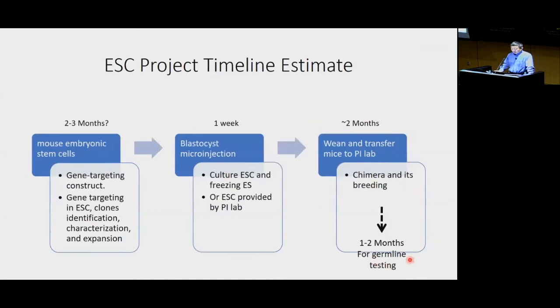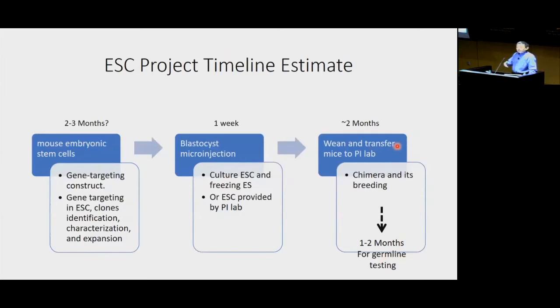In the chimeric mice, I will not take any toe clip or whatever, because I will evaluate, based on the coat color, whether they are chimeric mice or not, and only give you chimeric mice. And then you can breed them, then genotype them in your own lab. So that also takes time.